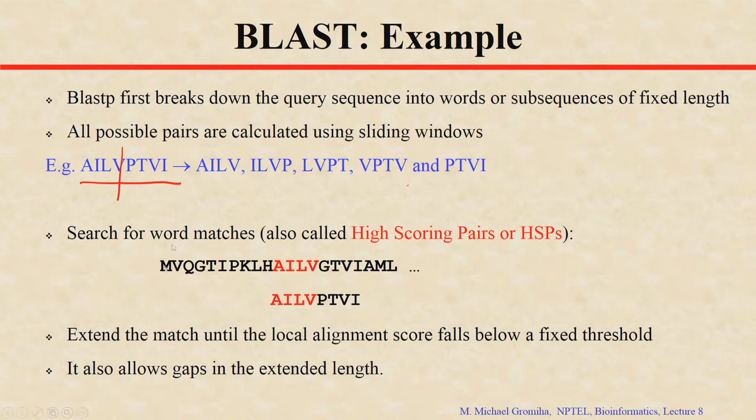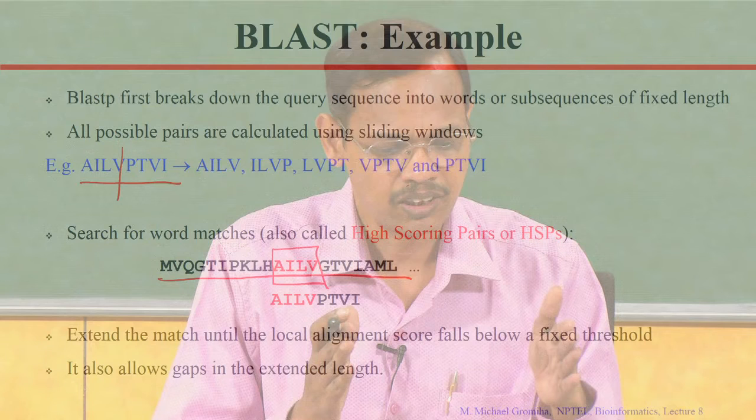Now, this is the query sequence, and BLAST checks whether there is a match of the query with any of these tetrapeptides in the sequence. If you align these two, you can see there is a match, AILV. This type of match is called a high scoring pair, where all the residues match in a subsequence, for example the 4 residue segments or the 5 residue segments and so on.